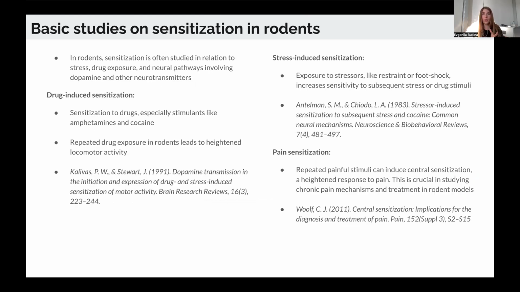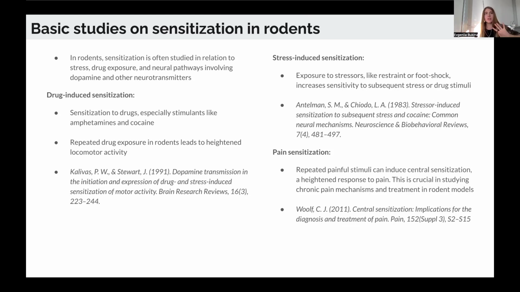Then how can we approach this question, how was sensitization actually studied in rodents? In rodents, from what I found, maybe somebody of you knows a bit more, sensitization is usually studied in relation to stress and drugs, some drugs connected to dopamine release, so real drugs.